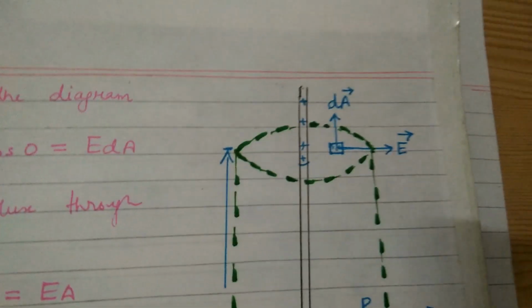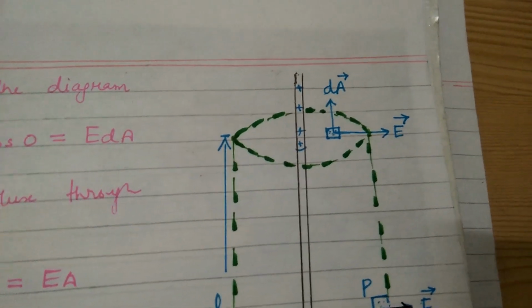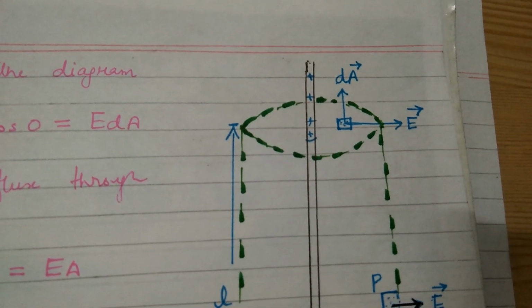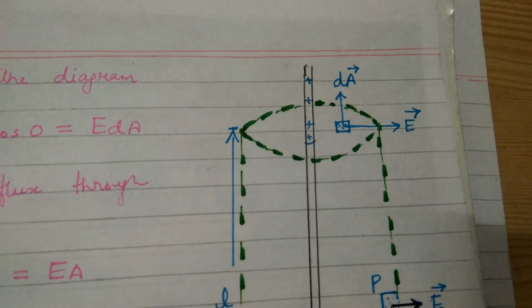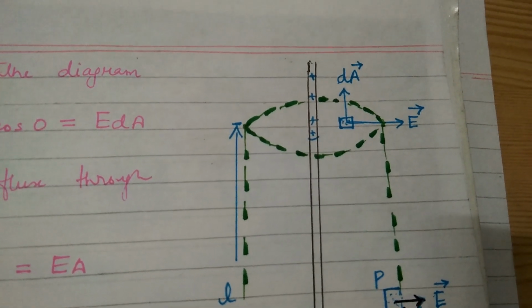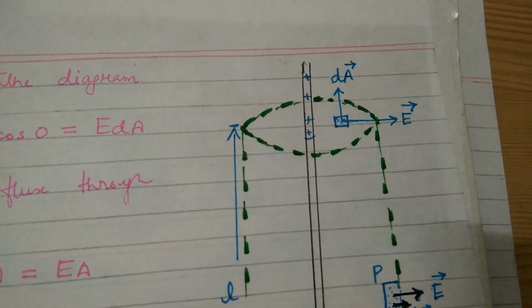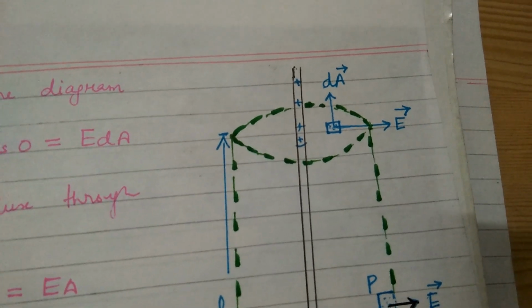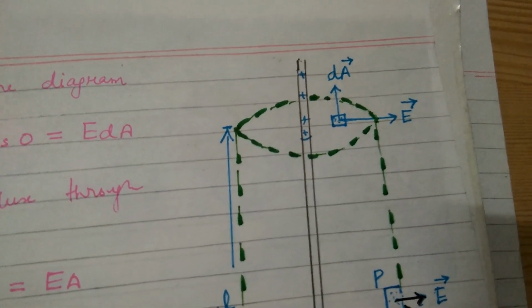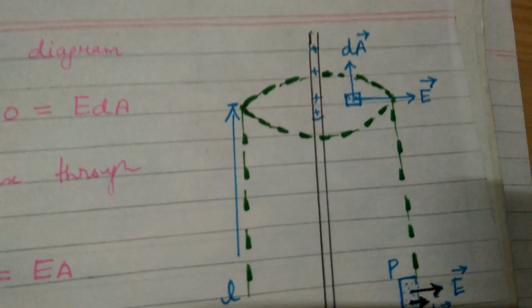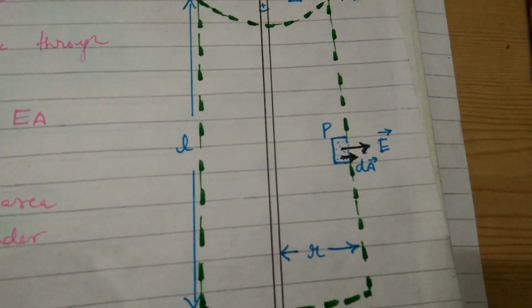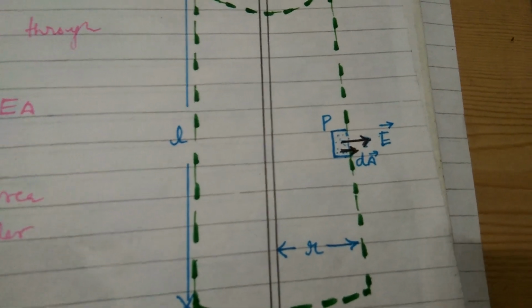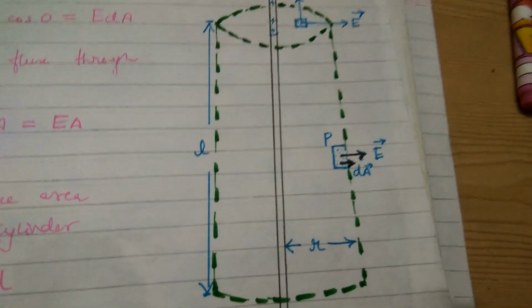But on the upper and lower ends of the cylinder, the area vector is normal to the area. So here the area vector and electric field are at 90 degrees. How this is useful, we will see in our derivation. So just remember, at the top and bottom ends, dA and E are at 90 degrees, but on the surface E and dA are in the same direction, radially outwards, and the angle between them is 0.